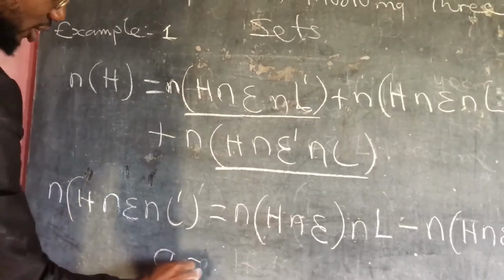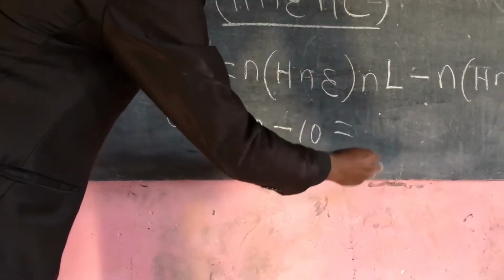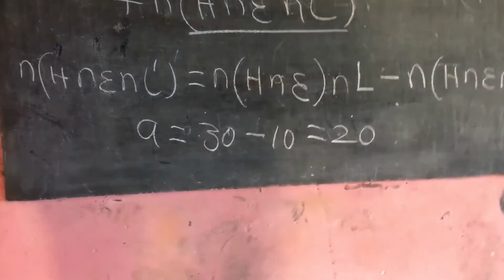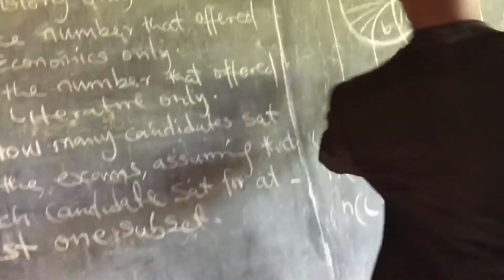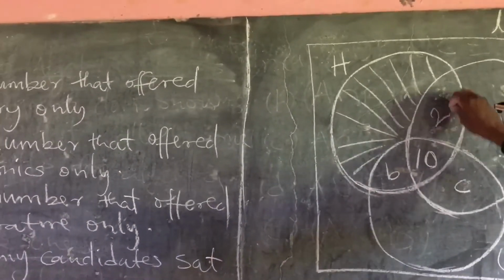So A is equal to 30 minus 10, which will give us 20. So now we come here and put our 20 here.